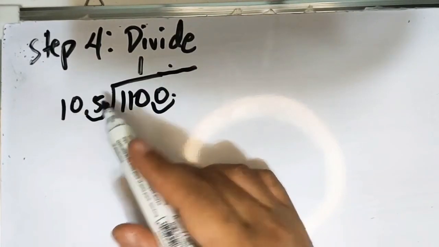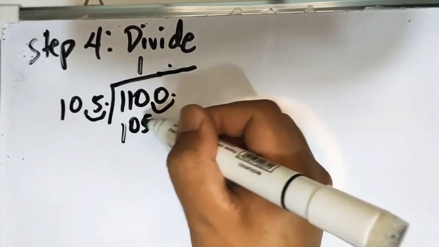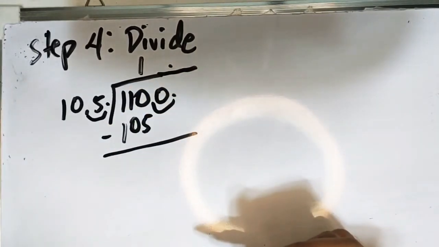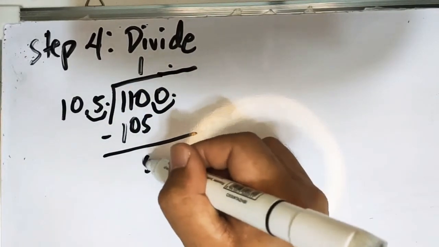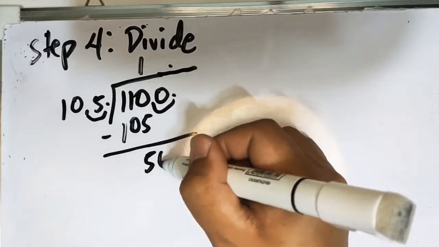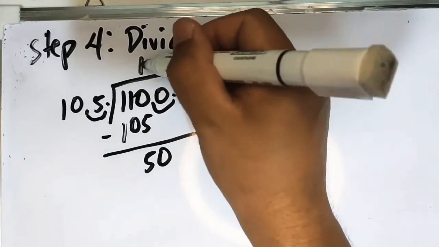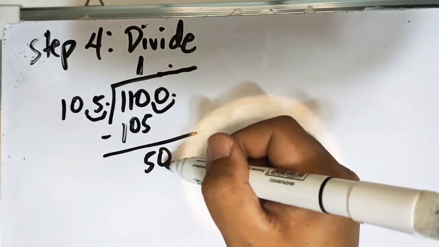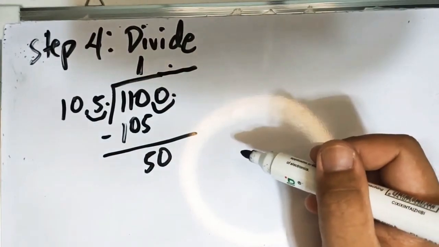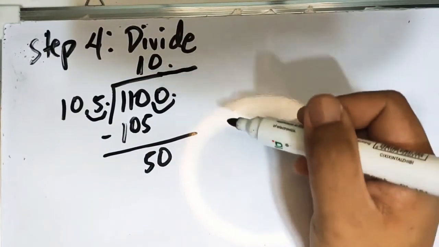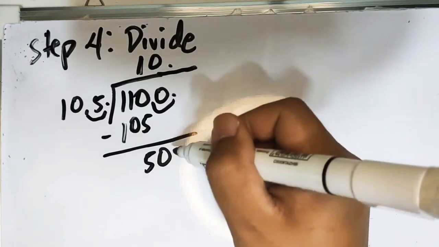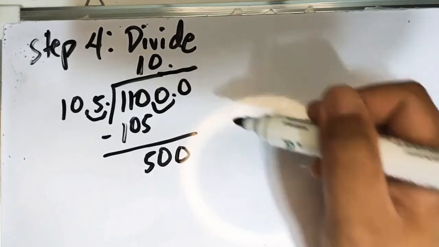So 1 times 105, of course, 105. So get the difference, we have 5. So bring down 0. So 50 divided by 105 is 0. So magdagdag na lang tayo dito ng 0.